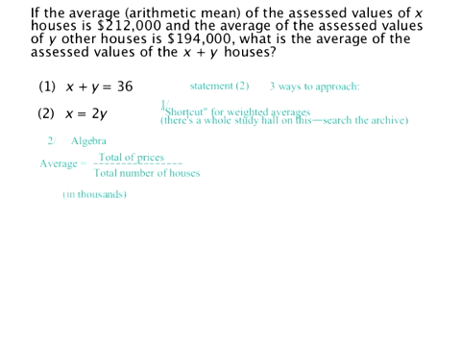So the total of all the prices is going to be 212,000, which is just 212 for our purposes. 212x plus 194y over x plus y. But then we know that x is actually equal to twice y. So that's going to be 212 times 2y plus 194y over 2y plus y.